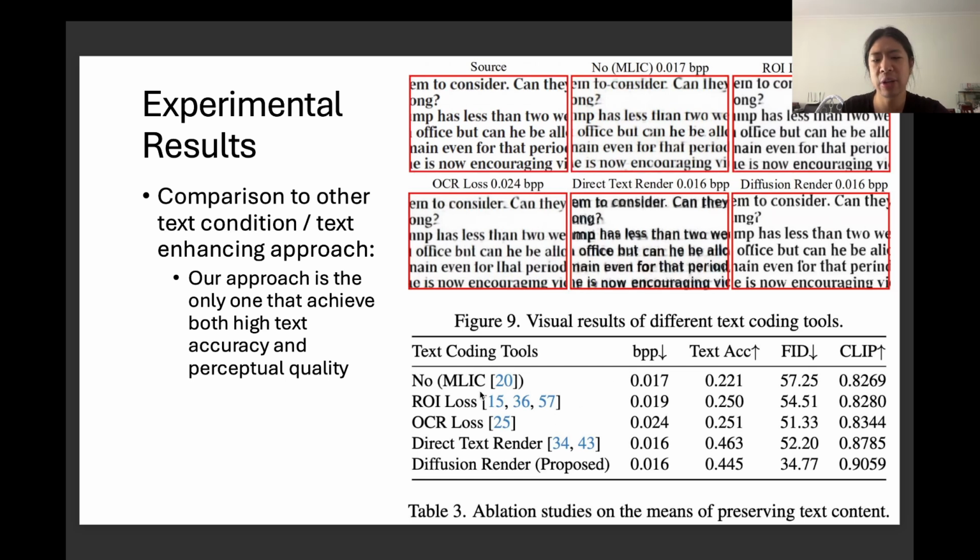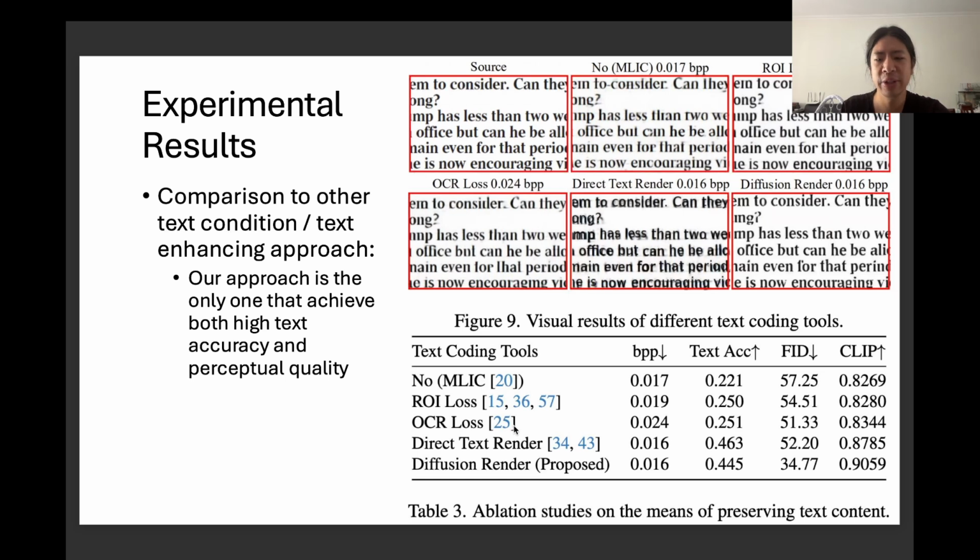And there are also a large number of papers that use region-of-interest coding, which use a detector head to detect the location of text and add this loss to the training of MLIC. In this way we can improve the text quality, but without drastically increasing the bitrate we cannot make a big change, because there is just too much text here.